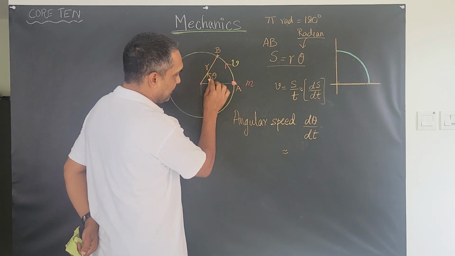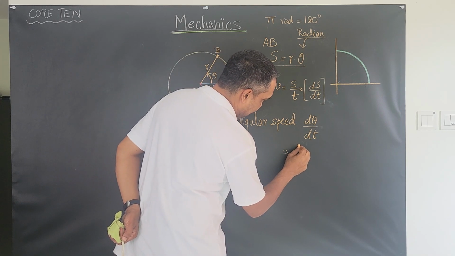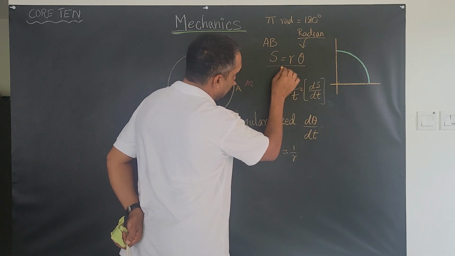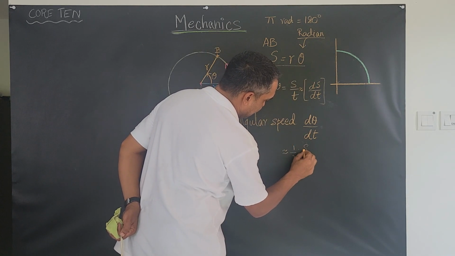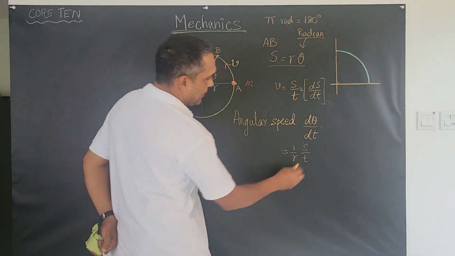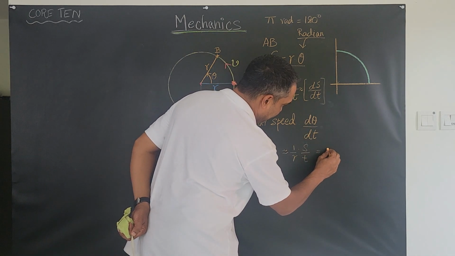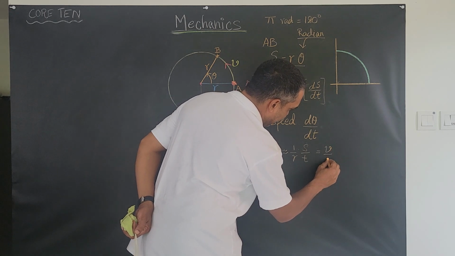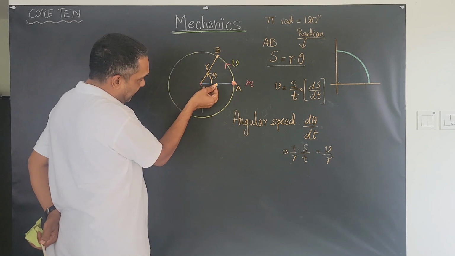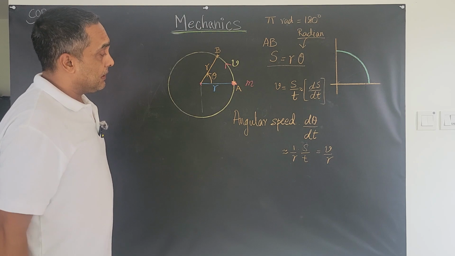Because I'm not using delta theta and delta of time, just using theta and time, I could write this as 1 by r, that's theta, times s by t, because s over r would give you theta, which would then mean the angular speed is equal to velocity by radius. So this velocity by radius will give you the number of radians per second.